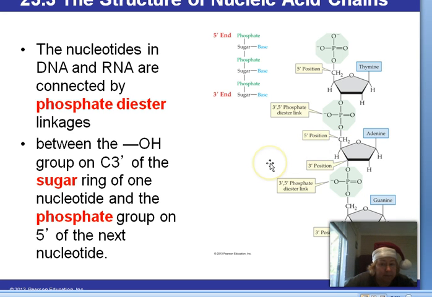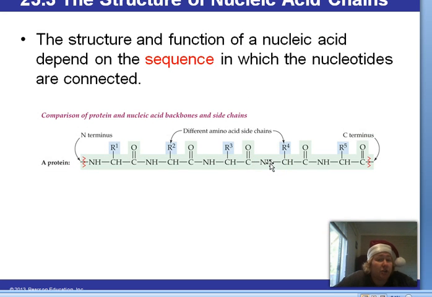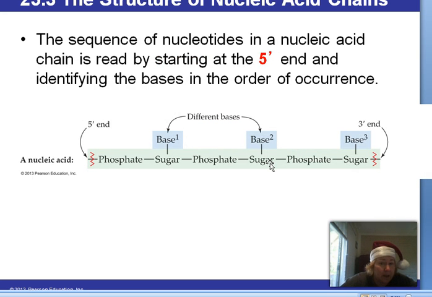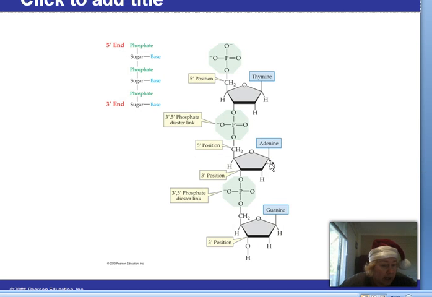phosphodiester bond is. The structure and function of nucleic acids depends on the sequence. We talked about this, the beads on a chain. The sequence is the most important thing, and the folding is going to include the sequence. The sequence of nucleotides in a nucleic acid chain is read by starting at the 5' end. So you have this long chain, and you say to yourself, I don't know where to start. Where's the head? Where's the beginning?